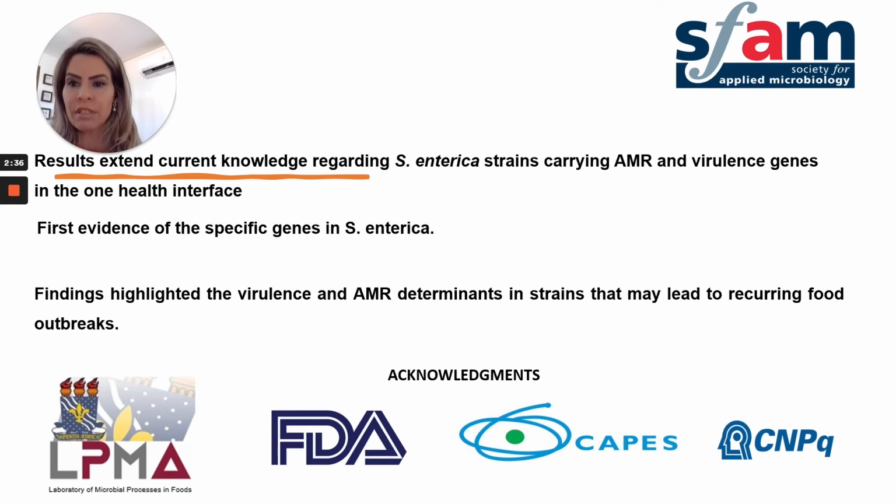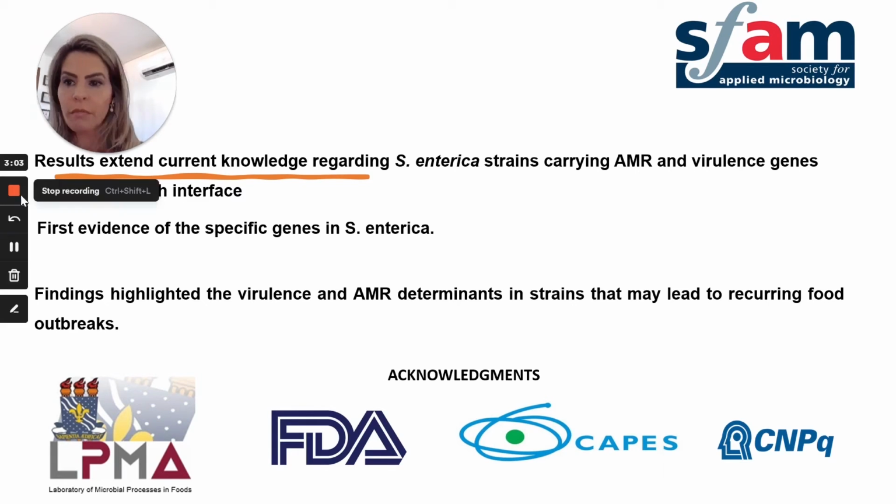Therefore, our results extend the current knowledge regarding Salmonella enterica strains and antimicrobial resistance determinants. We report for the first time specific genes in Salmonella enterica serovars, and our findings highlight the virulence and antimicrobial resistance determinants that may lead to recurring food outbreaks in the country.